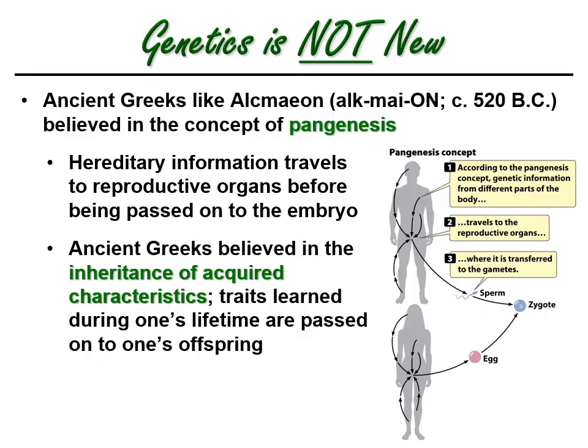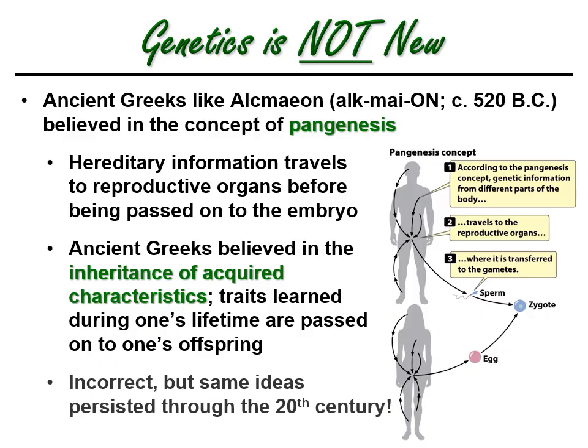People still today believe that you pass on things you learn. And in fact, that's not the case. So it's incorrect. But like I said, the same ideas have persisted through the 20th century, and now we're in the 21st century, and people still believe that you pass on things you've learned.